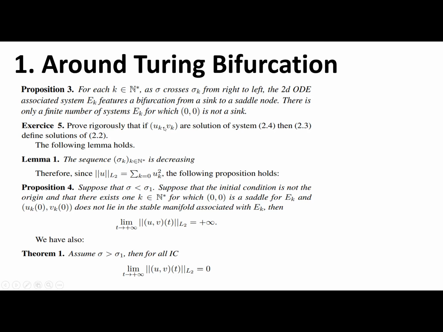So first, now we have a value sigma. We're looking at the dynamical behavior for a fixed sigma. So depending on the value of sigma, when sigma crosses sigma k, my ODEs go from a sink to a saddle node.